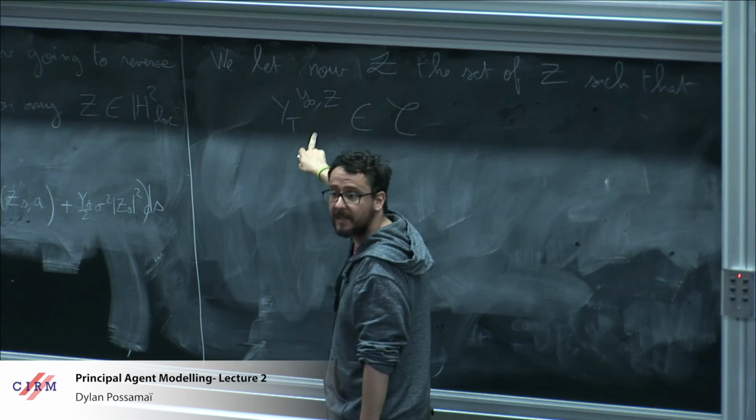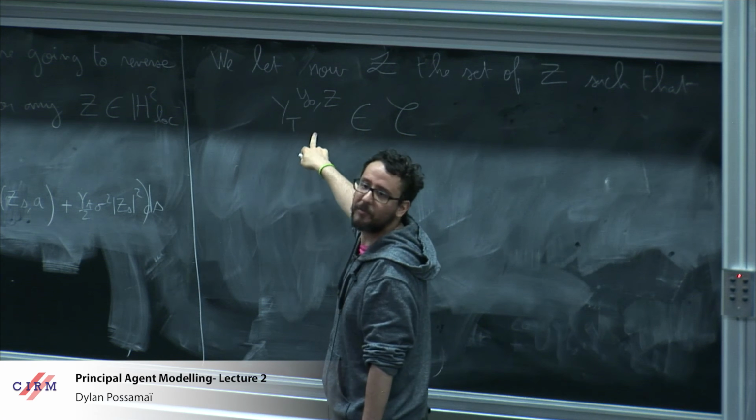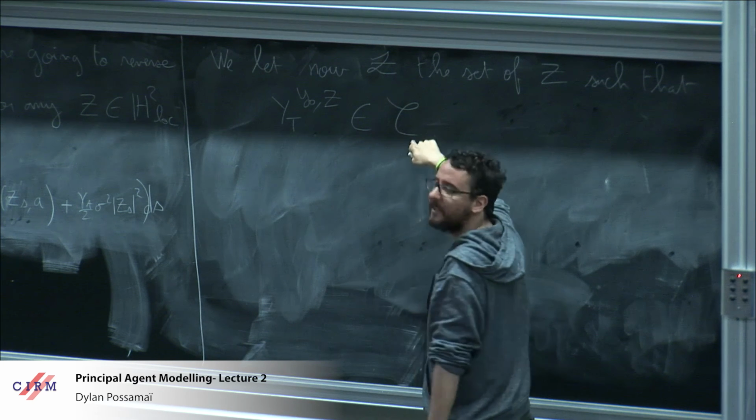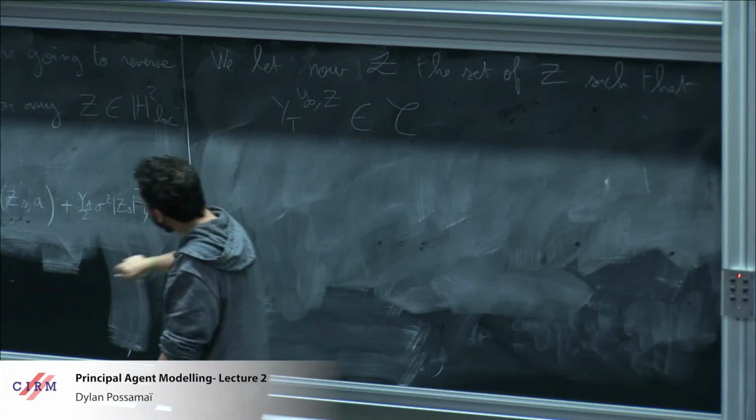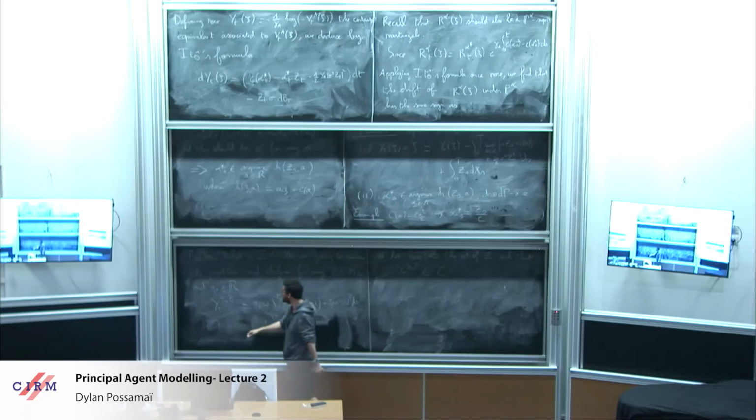So it's acceptable as a contract. Of course, I told you that implicitly here I should have some integrability conditions. So if I define this that way, all the integrability that I want to have on the terminal value here is implicitly encoded into Z. So I'm just telling you, take it so that I have this.